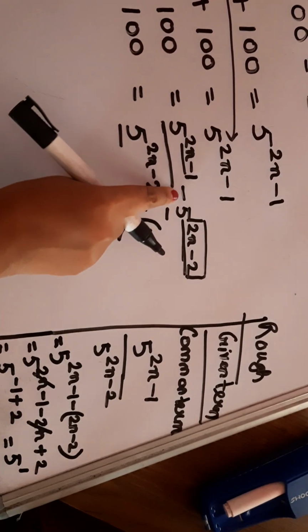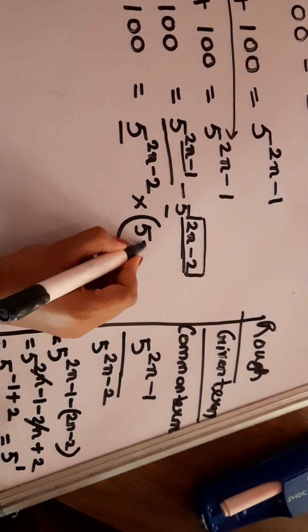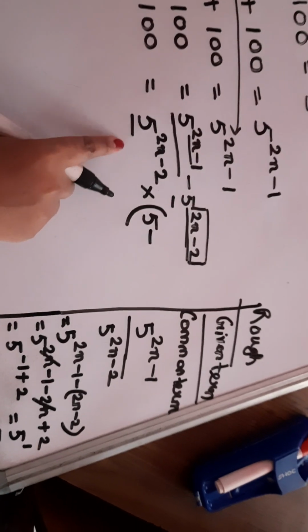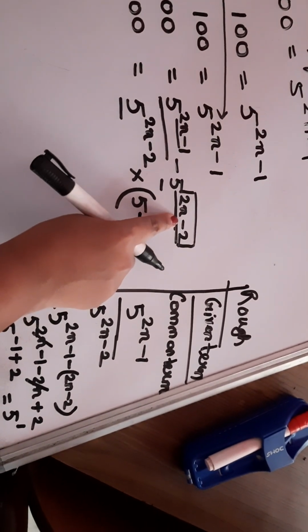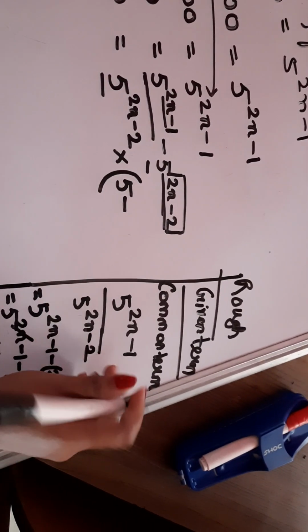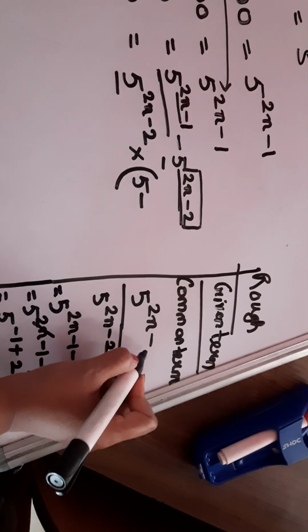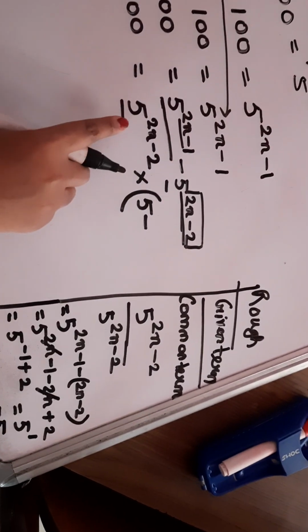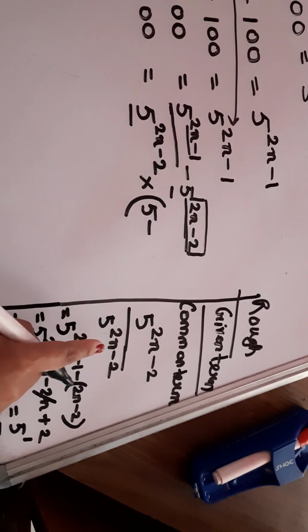Now which sign we are having here? Minus. So we will give minus sign here. Now again the same thing, given term by common term. So what is the given term? The next term is 5 to the power 2n minus 2. So let us write here 5 to the power 2n minus 2 by what is the common term? Common term will be the same, 5 to the power 2n minus 2.